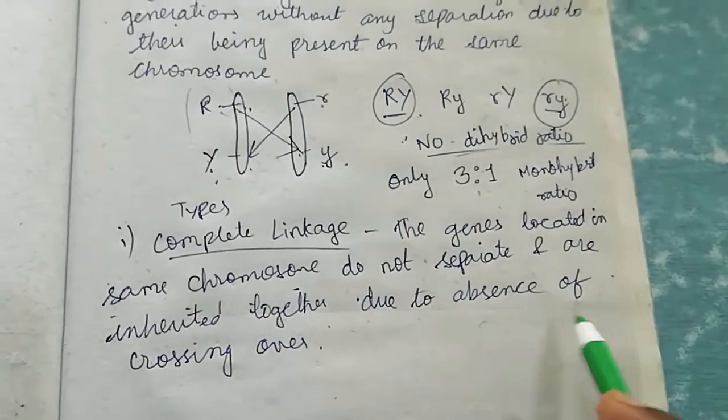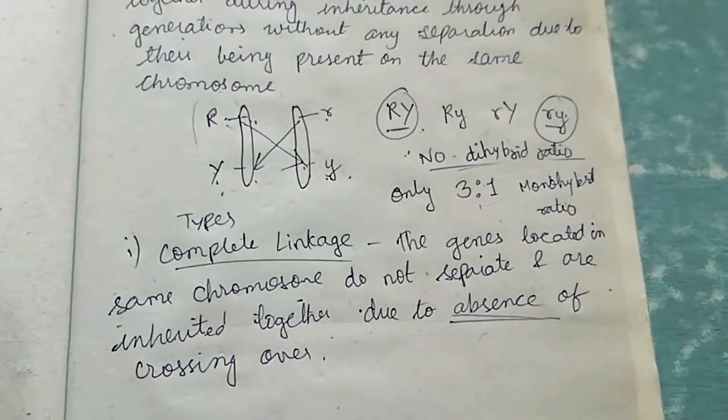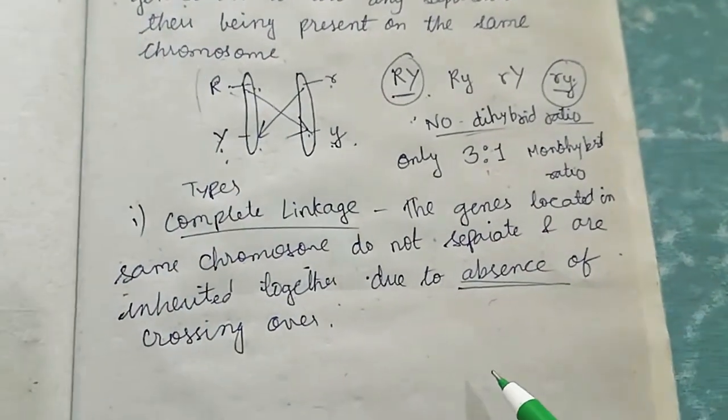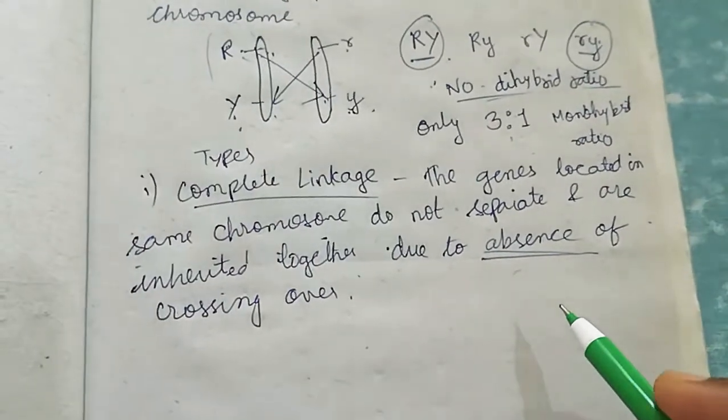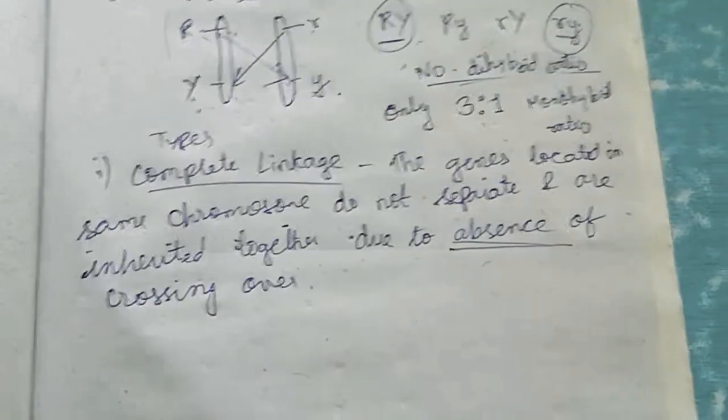Why? Because of the absence of crossing over. So in complete linkage, the genes combine together and there is no crossing over at all.